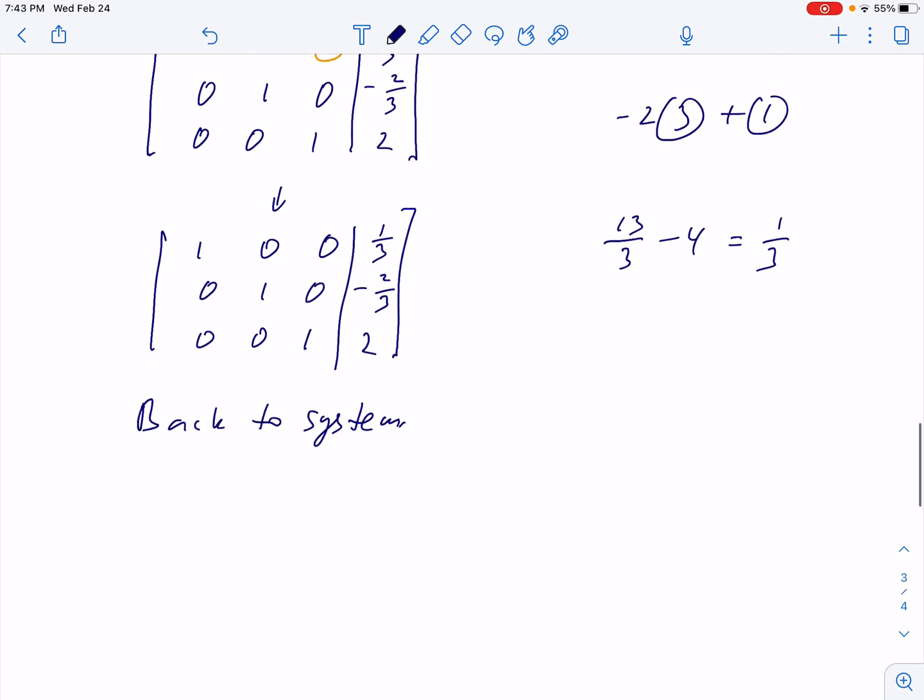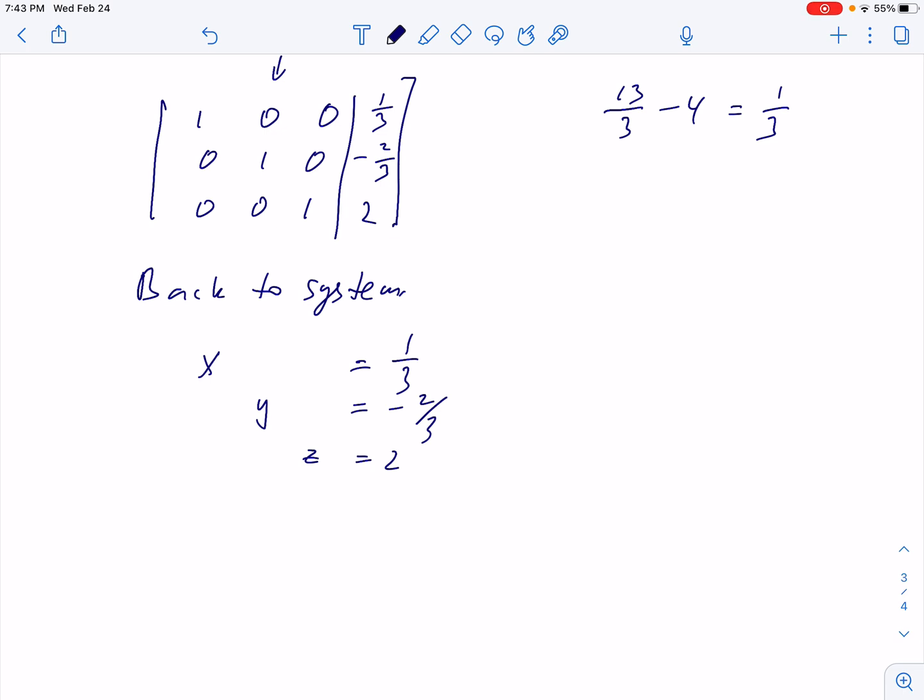First equation will be x plus 0y plus 0z equals 1/3. Second equation tells you 0x plus y plus 0z equals -2/3. Third equation, we know that, z equals 2. So the system simplifies to this. You get the solution.